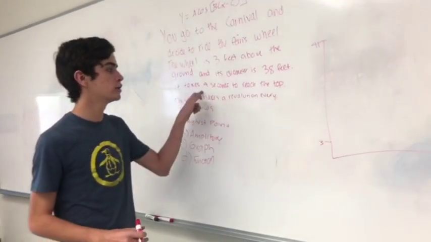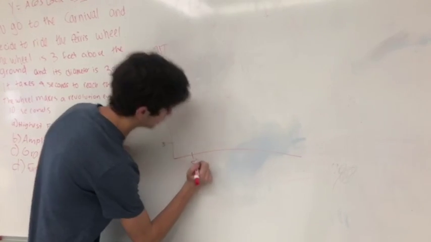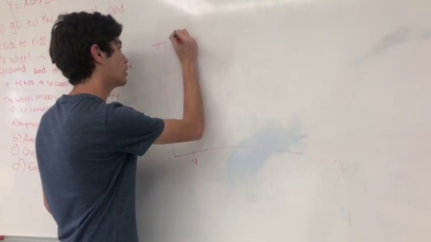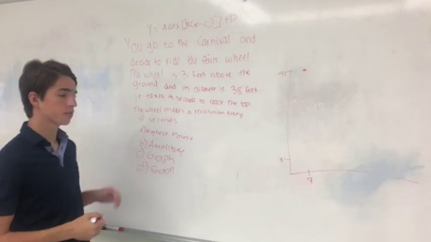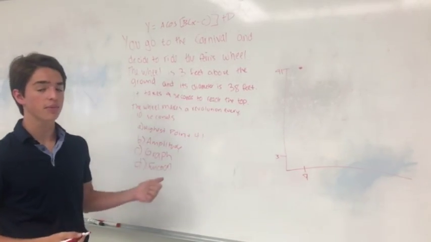And taking into consideration that in 4 seconds it reached the top, we know that here in 4 seconds it will be at its highest point, that is 41. Well, now that Pablo explained that the highest point is 41, we can say that the next point we have to get is the amplitude.